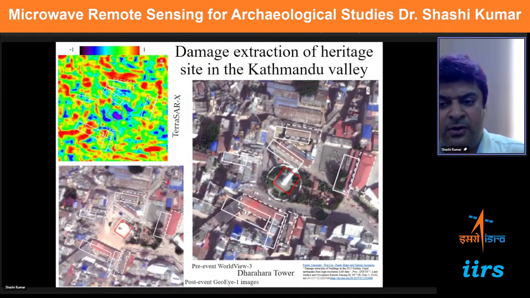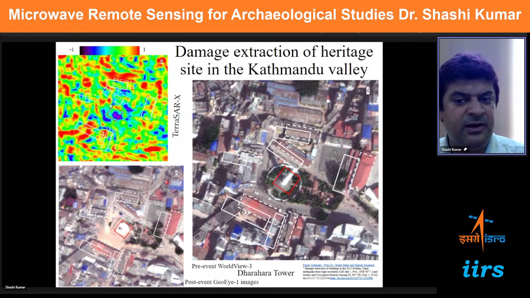Now, this is the damage extraction of the heritage site in the Kathmandu Valley. The detailed information is available in the research article of Fumio Yamazaki et al. In this research article, you can see that the damage was clearly identified with the help of the SAR data set.